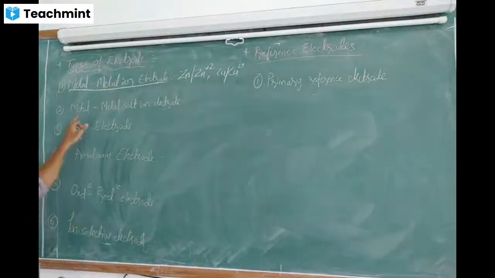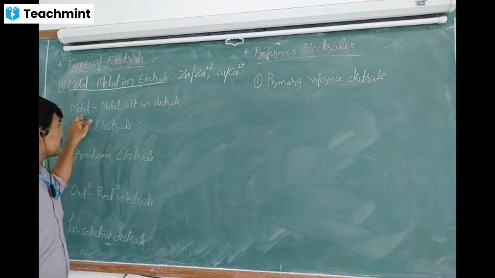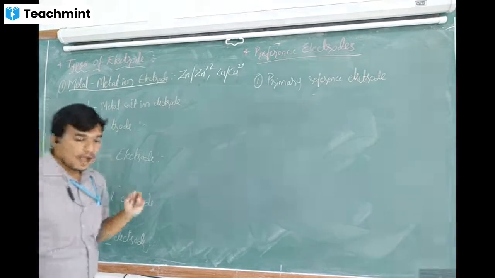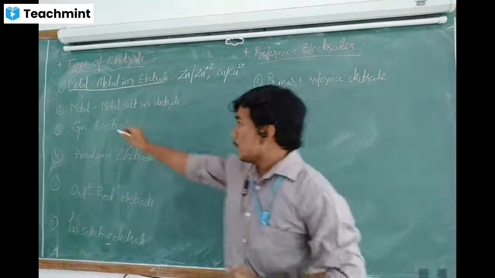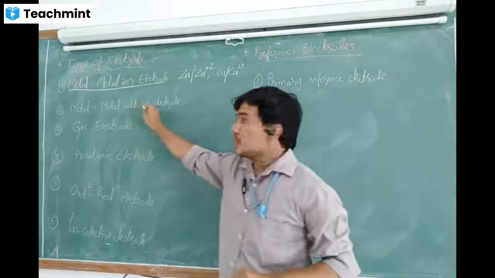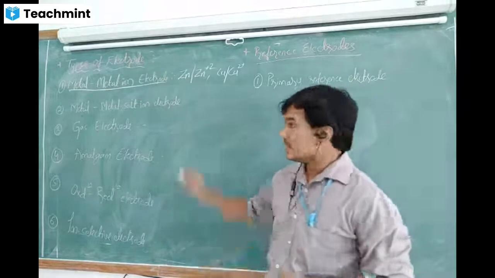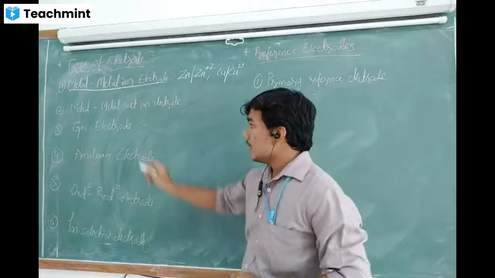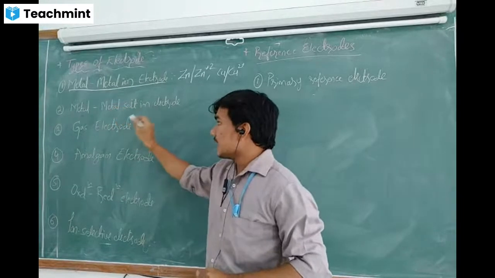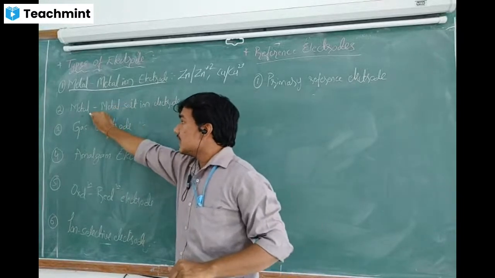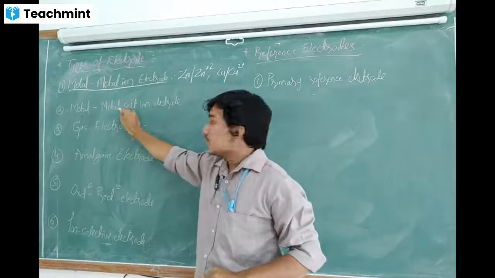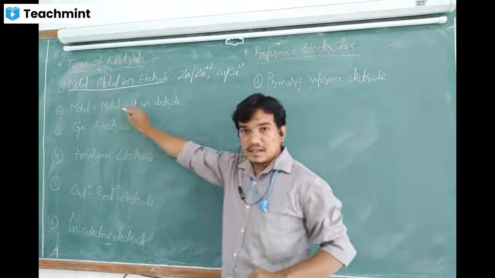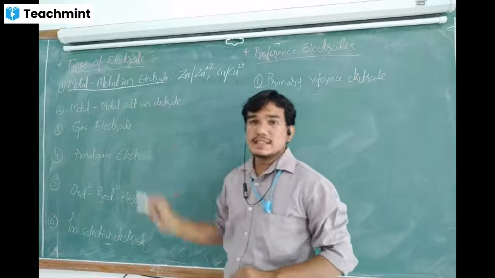The second type of electrode is the metal salt ion electrode, also called the metal insoluble salt electrode. In the same way, a metal is in contact with its sparingly soluble salt.